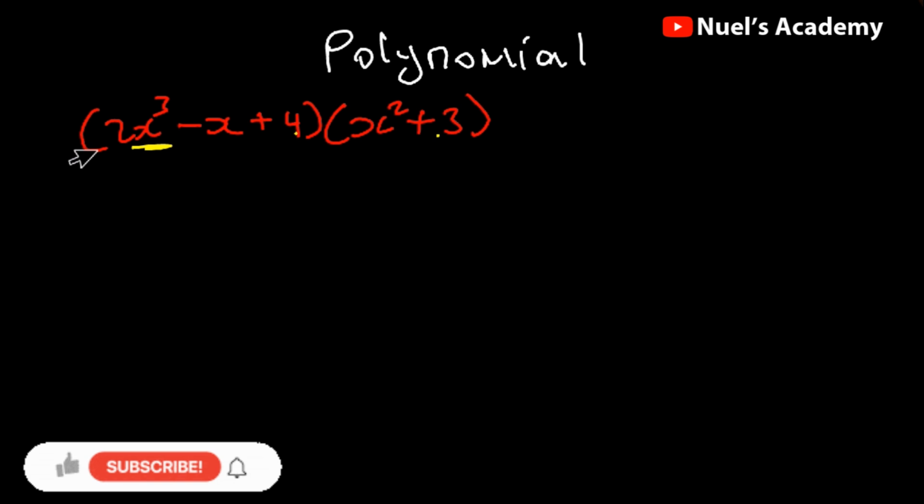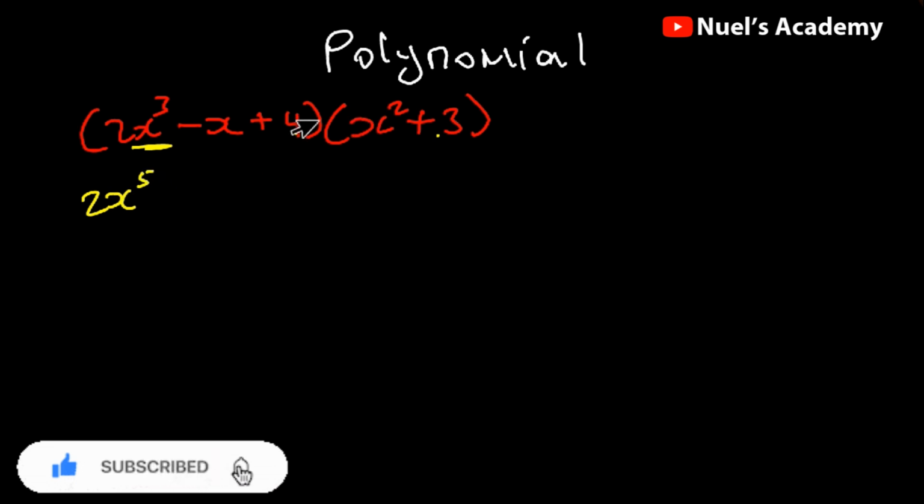When we do that, 2x cubed times x squared will give us 2x raised to the power 5, since 3 plus 2 is 5. That's applying the laws of indices. Also we have 2x cubed times 3, which is 6x cubed. Now it's the turn of this negative x.